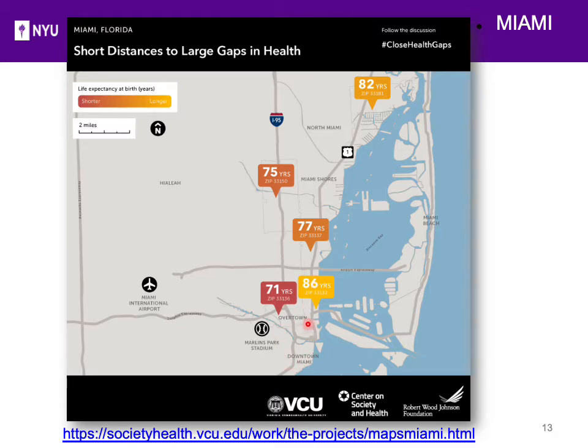Even closer to downtown, we see different zip codes, less than 10 miles apart, which have very significant life disparities. In fact, closer to Biscayne Bay, there's a higher life expectancy. And even in northern Miami, there's a high life expectancy. So again, these phenomena exist.